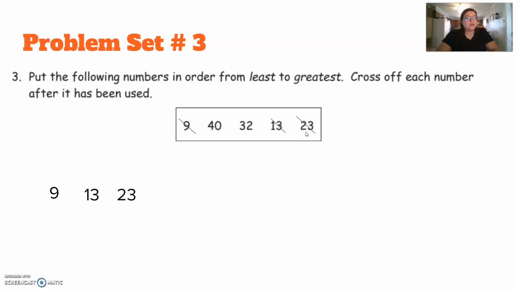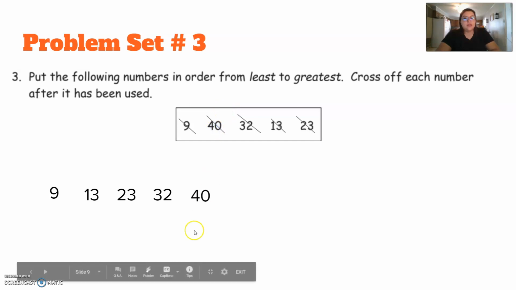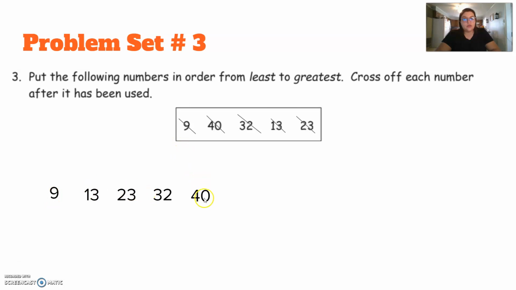Now if we count 23, 24, 25, 26, 27, 28, 29, 30, 31, 32. Whoop. There's another number. It must go next. And then 33, 34, 35, 36, 37, 38, 39, 40. So this is putting them in order from least to greatest.